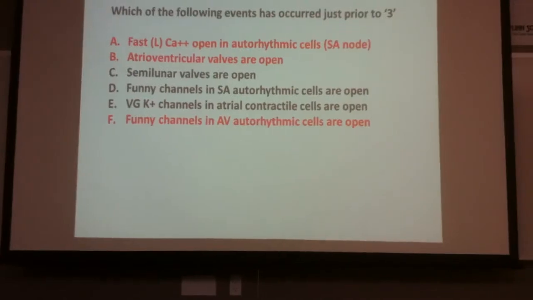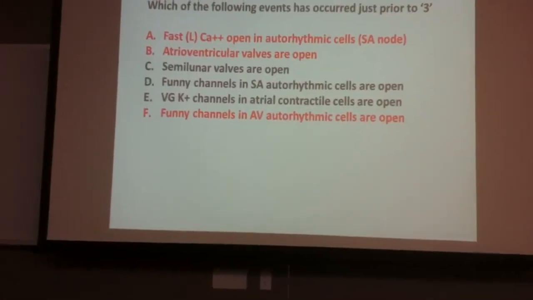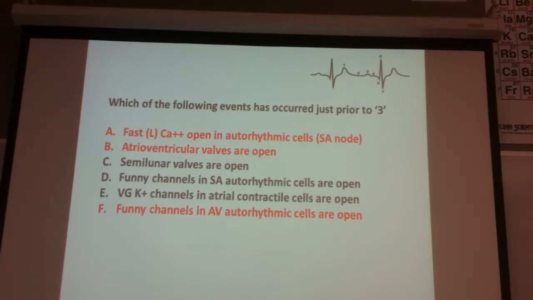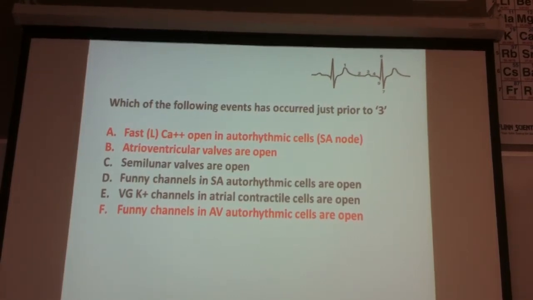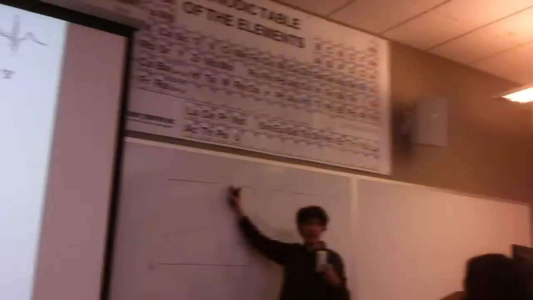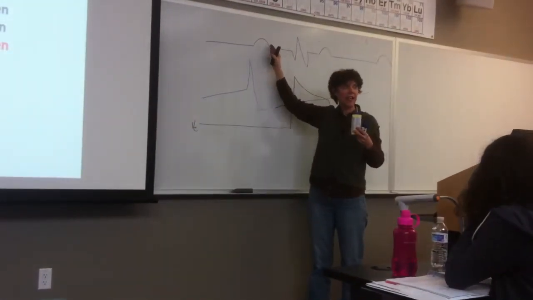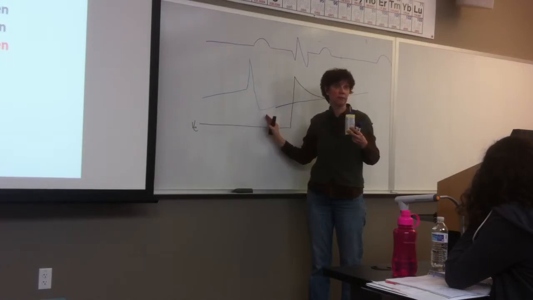Why? Remember, it takes them longer. So here our SA node fired, okay, and then our AV node is going to fire when that gets to it, but that hasn't happened yet until we're on the other side of atrial depolarization. It's the current going through the P wave that causes the AV node to fire. Does that make sense?